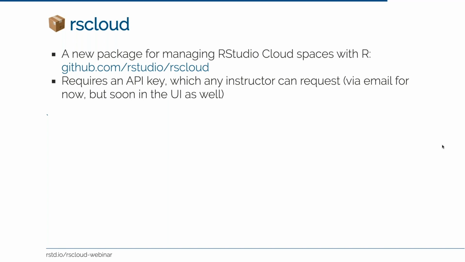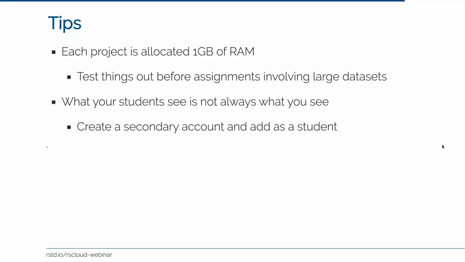Some of the attractive features of this package is that it has functions for inviting your students to your workspace and stuff like that. So you can basically automate some of those steps instead of having to click around in the RStudio Cloud UI.